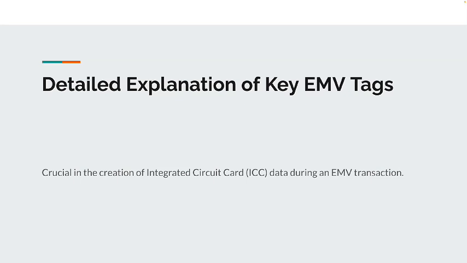These EMV tags are so important because they are the building blocks of ICC data in an EMV transaction, and the ICC data is the most important part of whatever message is being sent upstream, right? They ensure that every transaction is secure, accurate, and properly authenticated.